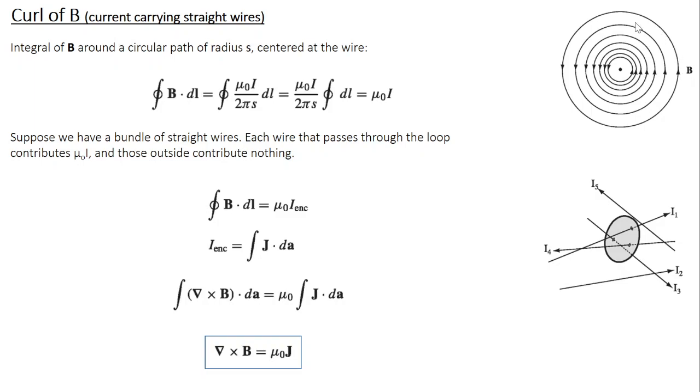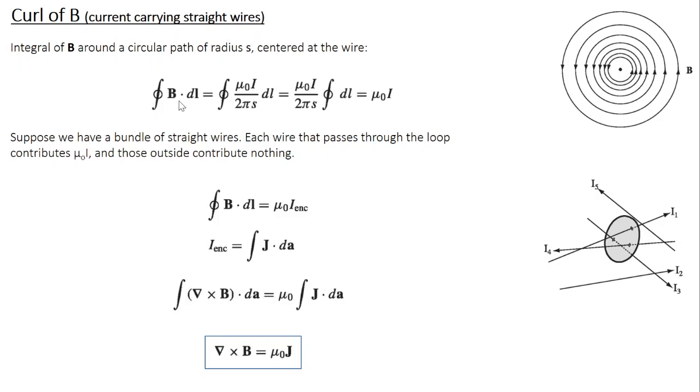So let's choose one of the loops, for example the last loop, and assume that it is at a distance s from the wire. So the magnetic field using Biot-Savart law we have calculated as mu naught I divided by 2 pi s. Now for this loop, let's calculate what is the line integral of the magnetic field.